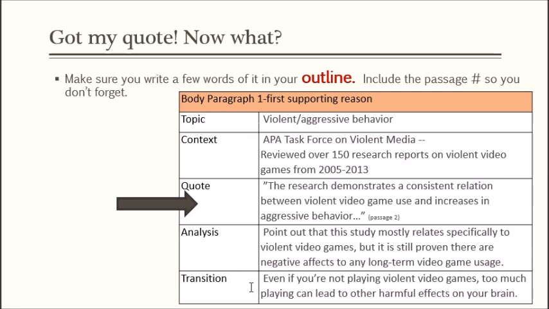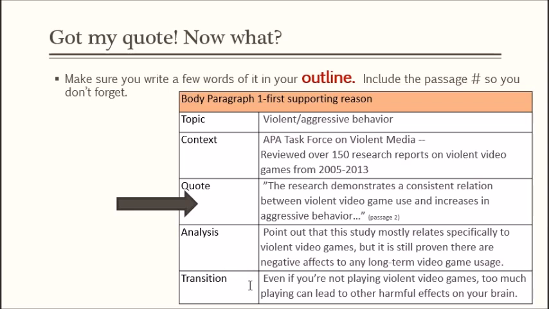And finally, your transition will just wrap up any final ideas. So if my topic here is violent video games, I've given a quote about how violent games can increase violent behavior. I'm going to explain how this is a negative, a reason why video games need to be avoided.